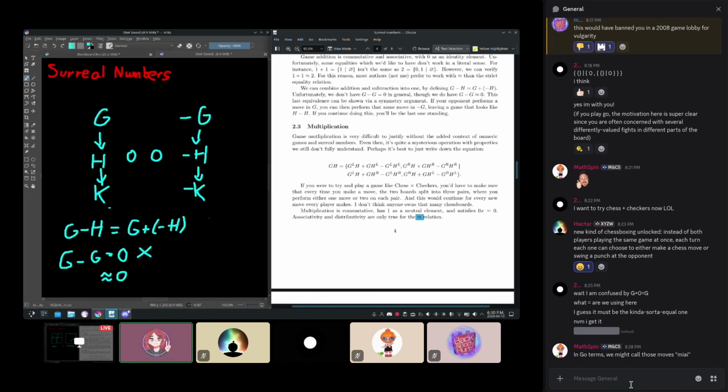What I mean by that is that you can have games G1 order equivalent to G2, but G1 times H not order equivalent to G2 times H. So yeah, this is not a great thing, really.